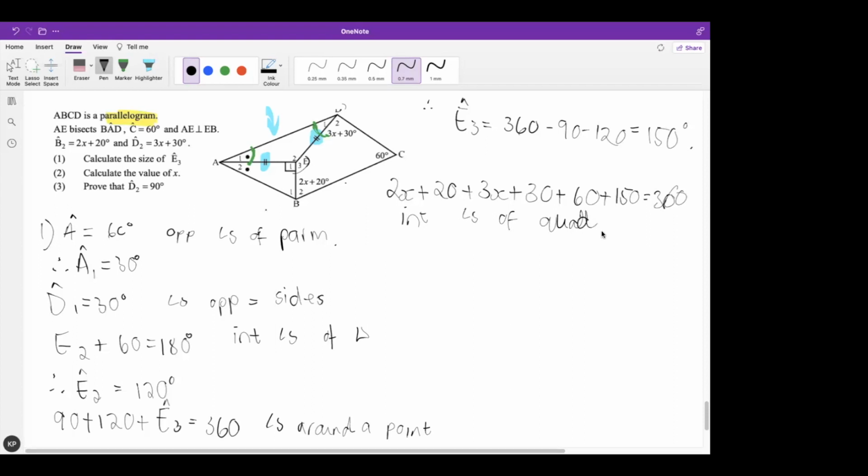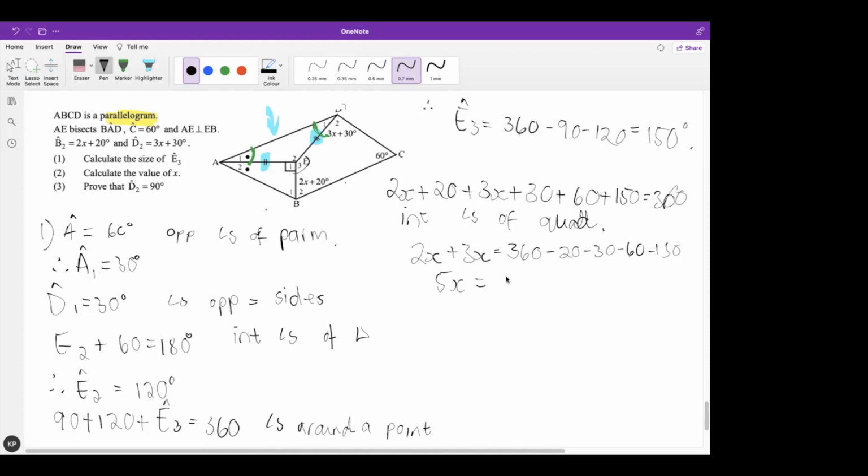Okay, did you actually do it? Do you want to continue? Yes, ma'am. So you would say 2X plus 3X on one side equals 360 minus 20 minus 30 minus 60 minus 150, which is equal to 100.